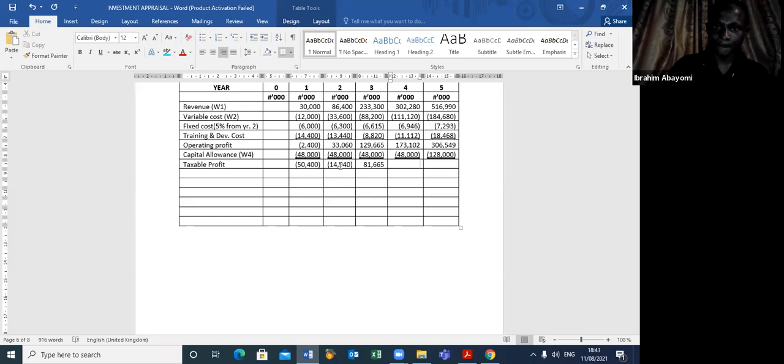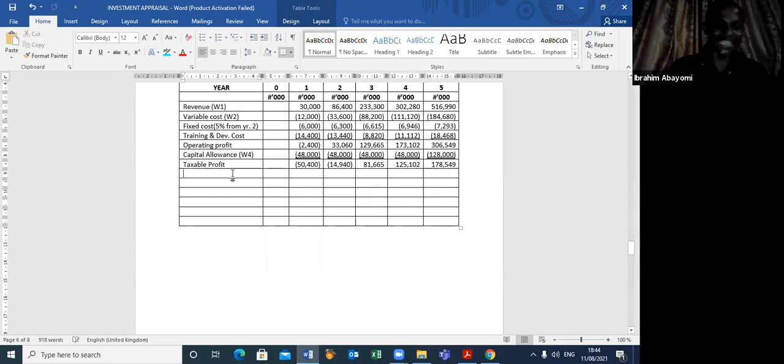The next one is 173,102 minus 48,000. That is 125,102. And the last one is 306,549 minus 128,000. That is 178,549. These are the taxable profits.